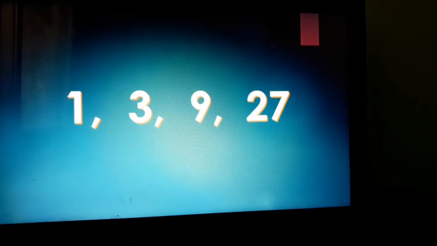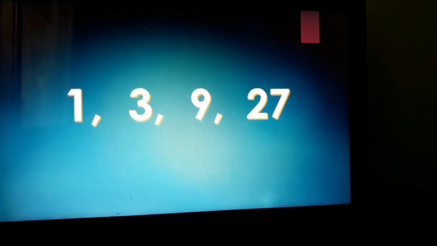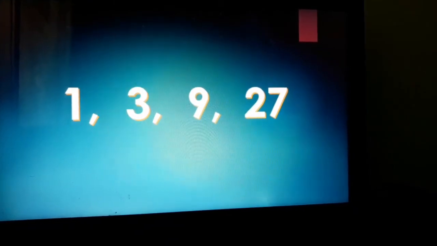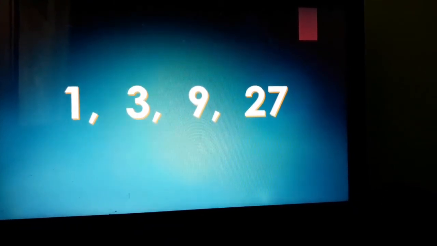Another example, 1, 3, 9, 27. Ito ba ay geometric sequence? How are we going to know if it's a geometric sequence? Dapat there must be a common ratio. How are we going to know if there's a common ratio? So you divide two consecutive terms.